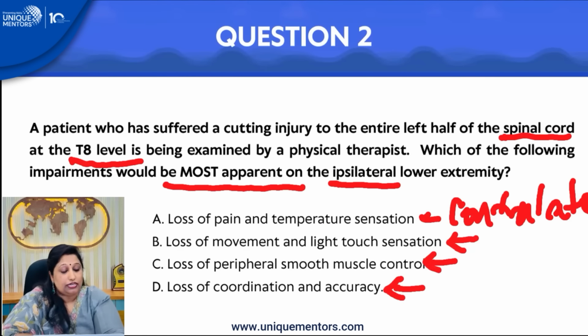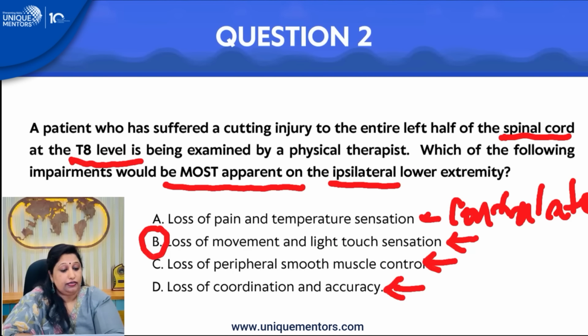So what will be our answer? Our answer will be option B, because loss of movement and light touch, which is carried by fasciculus gracilis and cuneatus, is traveling all the way through the spinal cord on the same side itself, and then it will be crossing to the opposite side at the brain stem only.